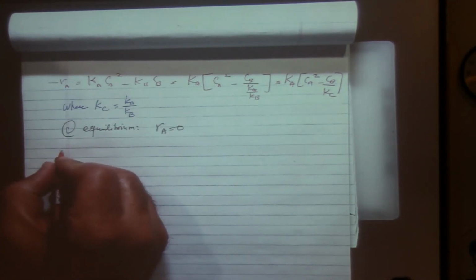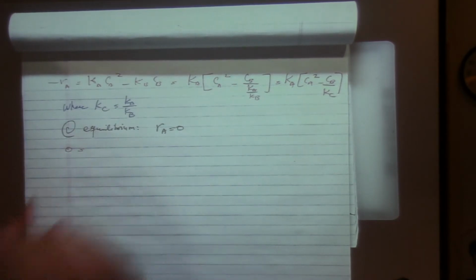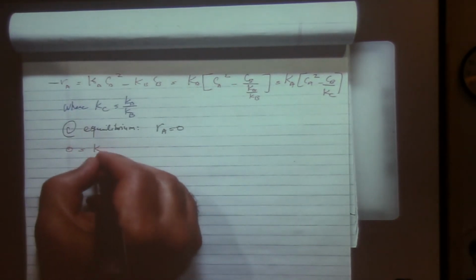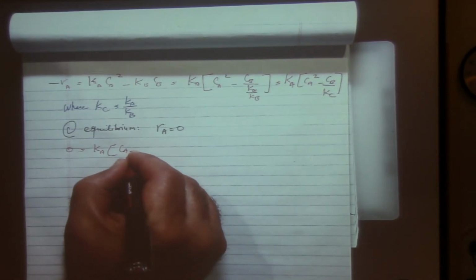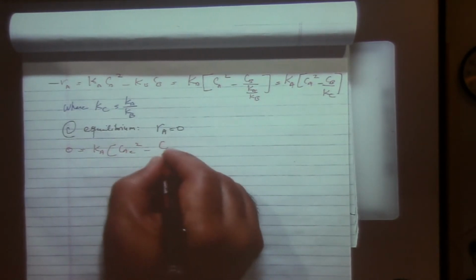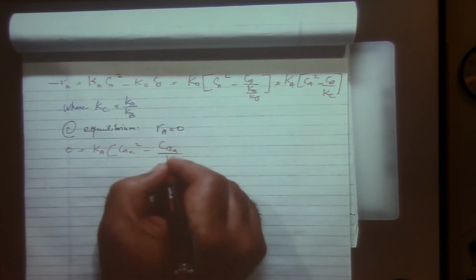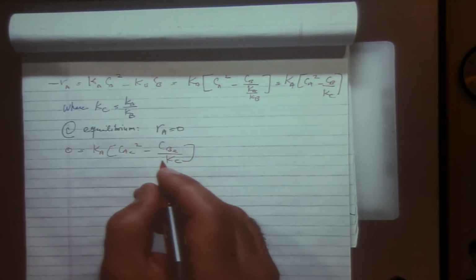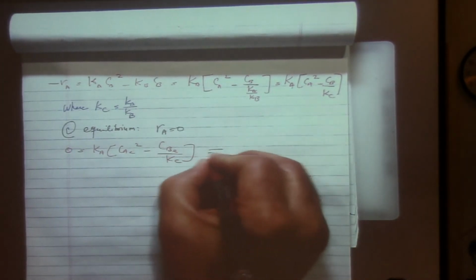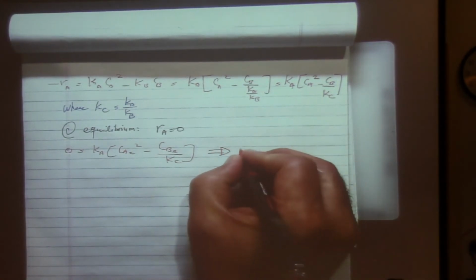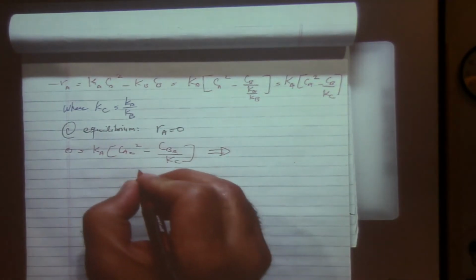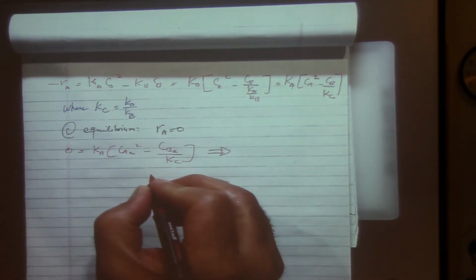So 0 is equal to KA times CAE squared minus CBE over KC, and then from here you can calculate KE.